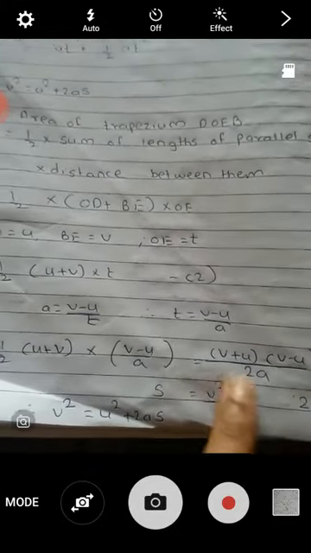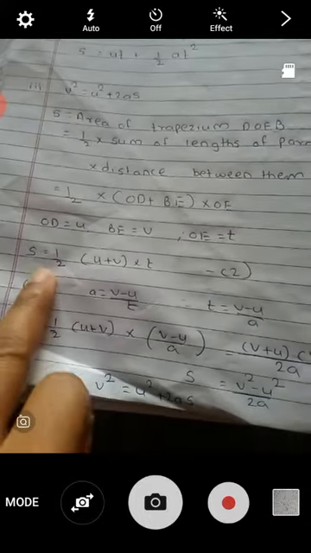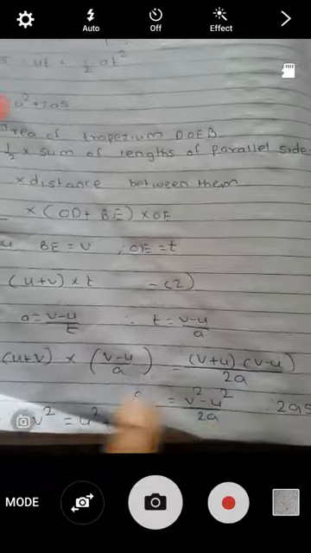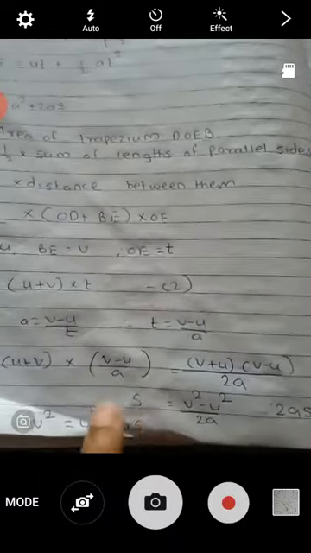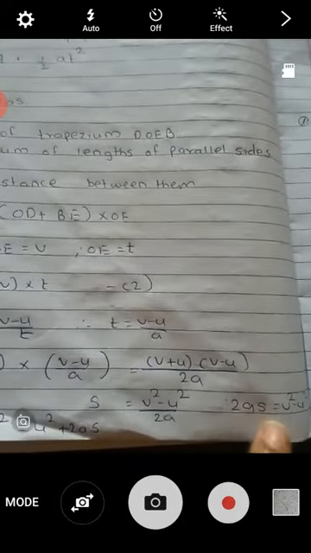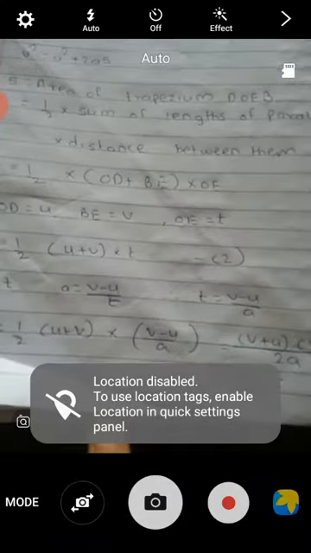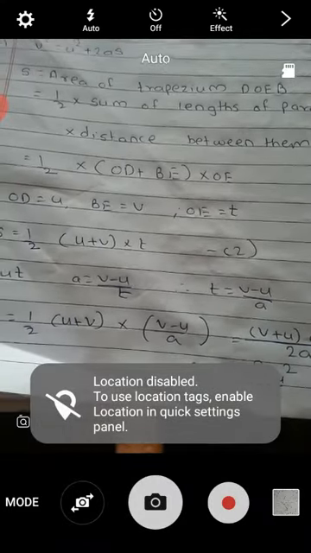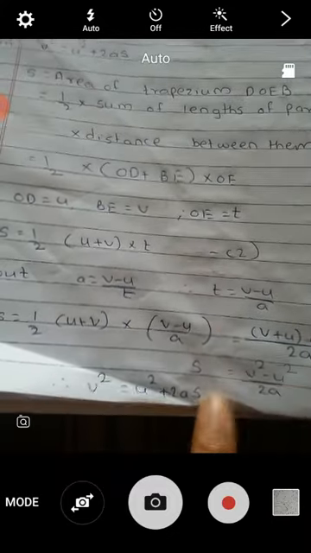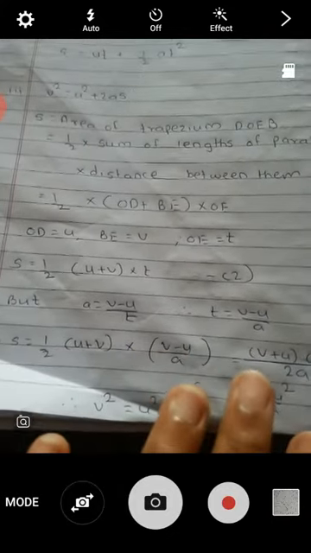Okay, and this total equals s. s is equal to v square minus u square upon 2a. Now multiply this. 2as is equal to v square minus u square, and after simplifying it, we get v square is equal to u square plus 2as, right? This is the derivation of the third equation.